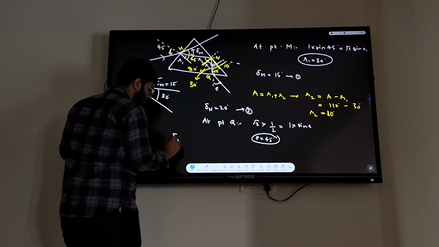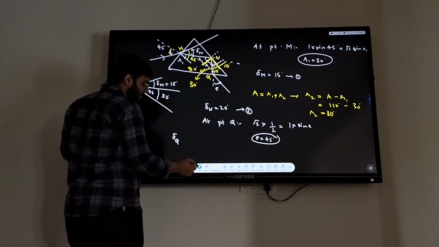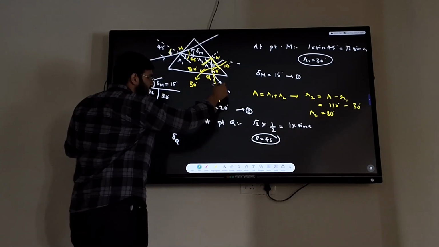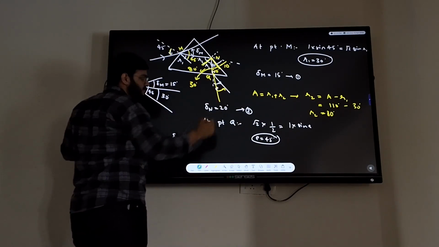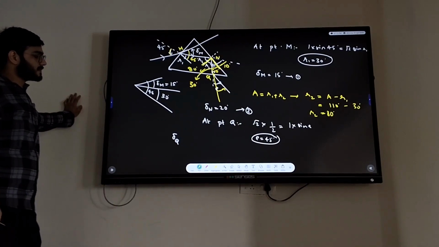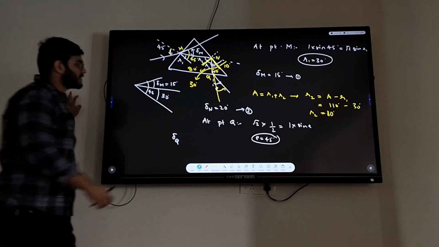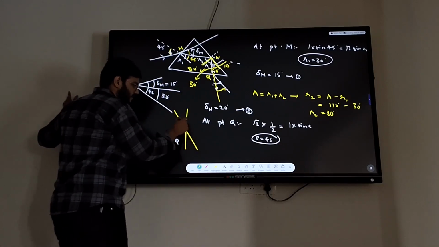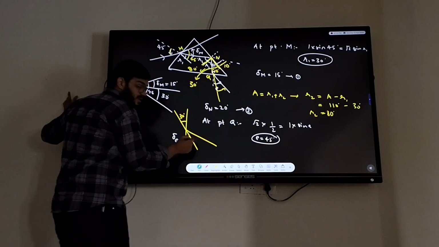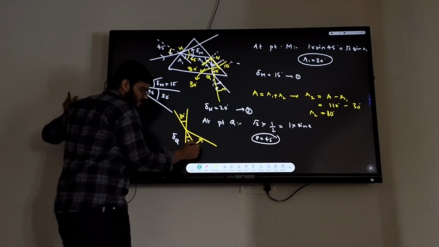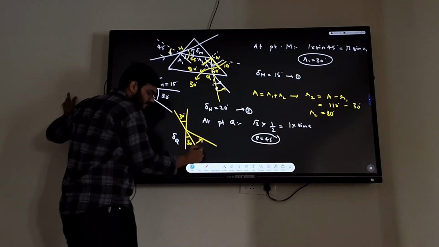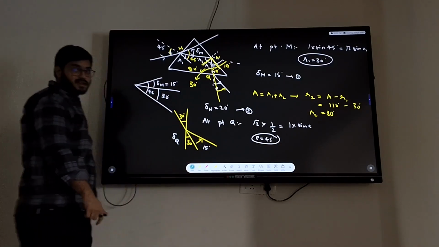What is delta Q? Now see how the rays were going. Rays were going like this. It got deviated to this direction. What do you think that angle should be? See, this is 30, this is 30, and then this is the deviation. So it should be what? Are you understanding?